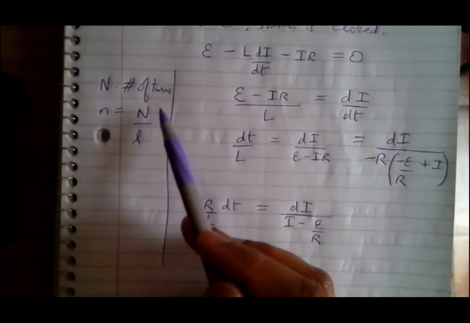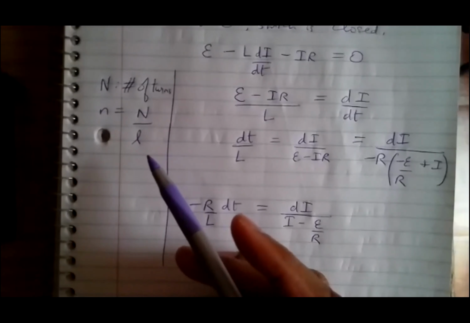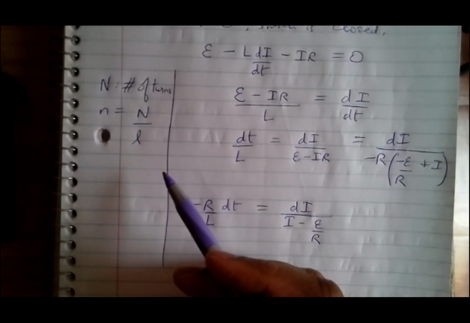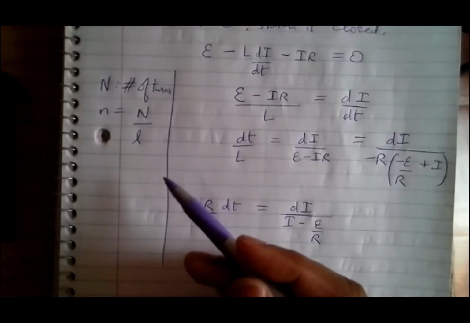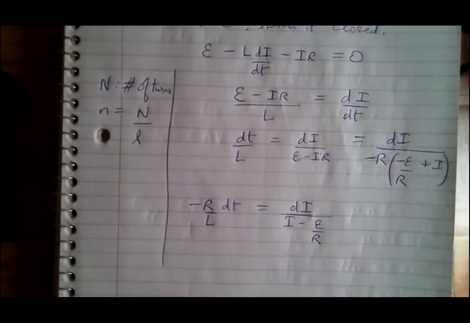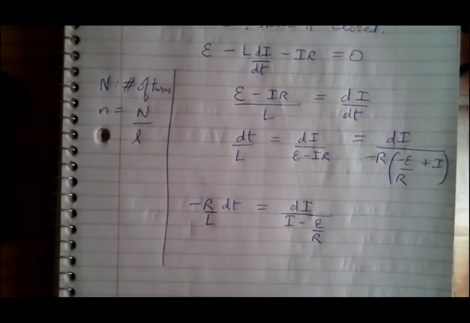Little n, since it's a number of turns per unit length, is measured in turns per centimeter or turns per meter. How do you measure turns? Just in like 1 turn, 2 turns, 3 turns. So it's usually integer counting. Oh, so it doesn't have a unit. No, no. Okay, thank you.